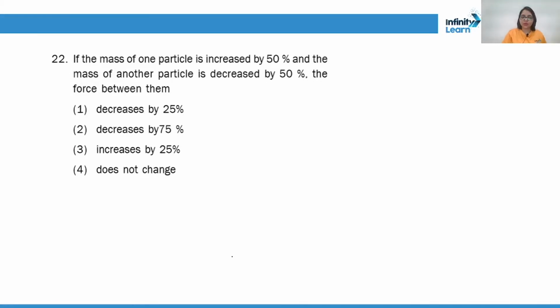Question number 22. If the mass of one particle is increased by 50% and the mass of another particle is decreased by 50%, the force between them. Let's say one particle is of mass m1, another particle of mass m2, and separation is r. So force of attraction will be G m1 m2 upon r square.